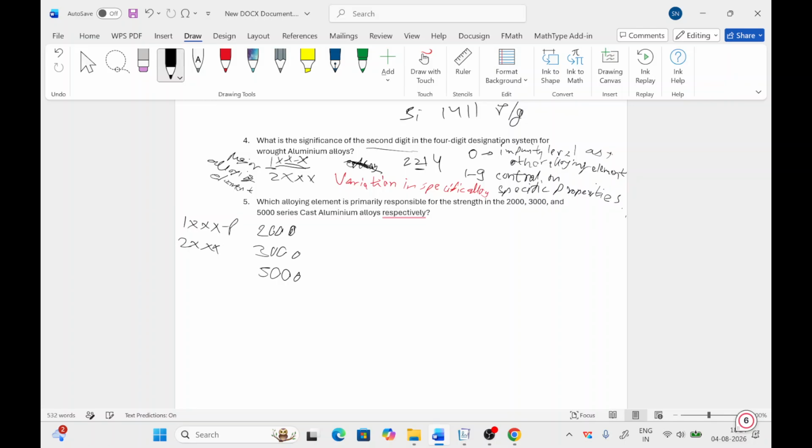So 1000 represents pure aluminum. Second is aluminum copper. 3000 is aluminum manganese. 4000 is aluminum silicon. 5000 is aluminum magnesium. 6000 is aluminum magnesium silicon. 7000 is aluminum zinc.